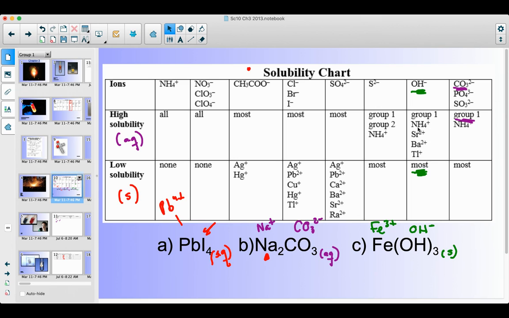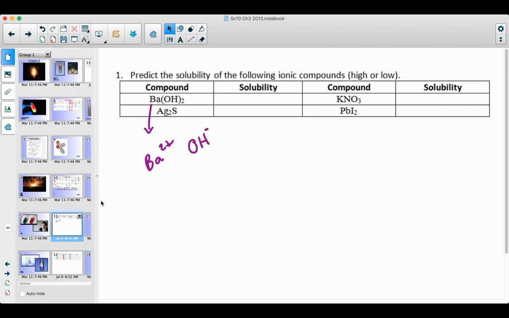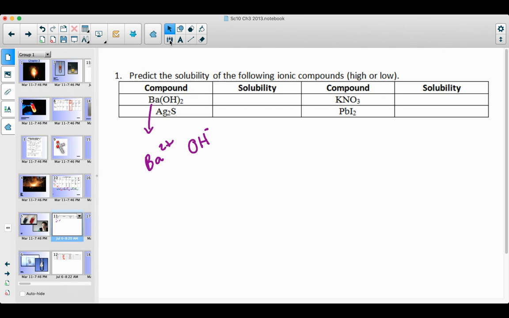That's in my first row here, so that means high solubility. So I am looking at high solubility, and if I had to write the state of it, this would be aqueous.